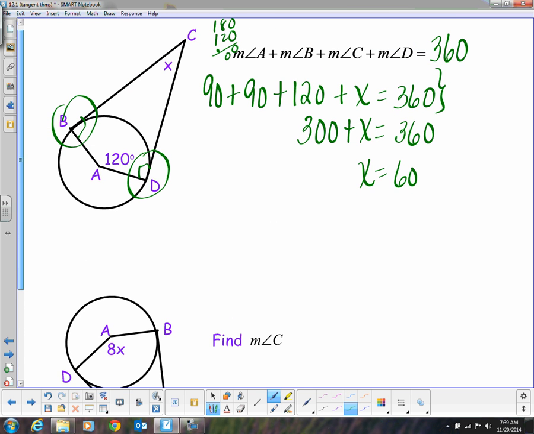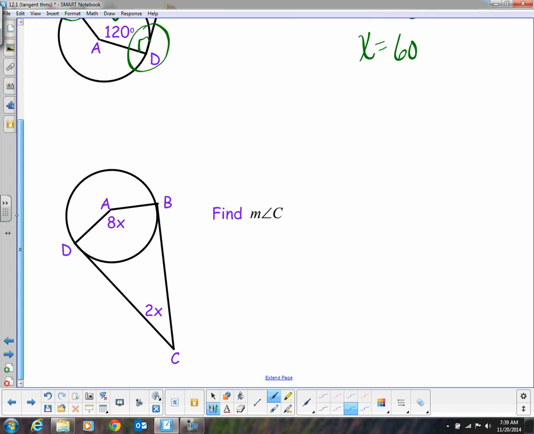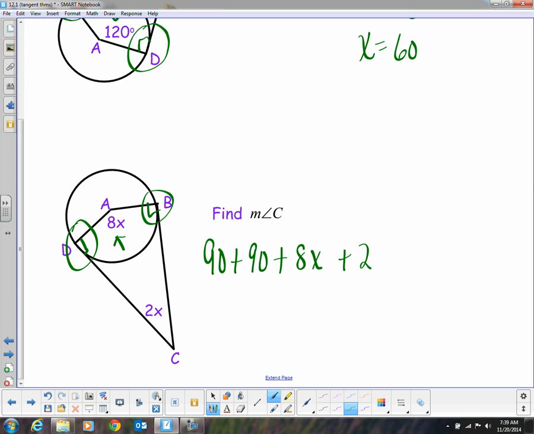Okay, now that's given you some degrees. All right, I've taken away those degrees here. Is that going to be an issue? What is this angle? 90. What is this angle? 90. So what equation would you write? 90 plus 90 plus 8x plus 2x is equal to 360.